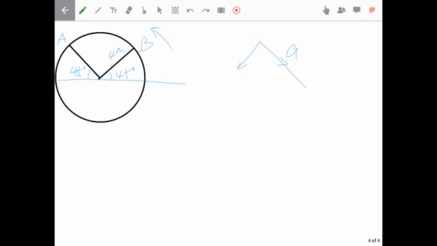A1 here, A2 here, and the net acceleration at A is 3 meters per second squared. It should be in that way.